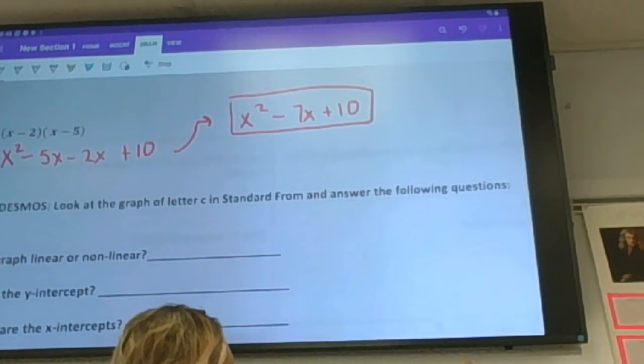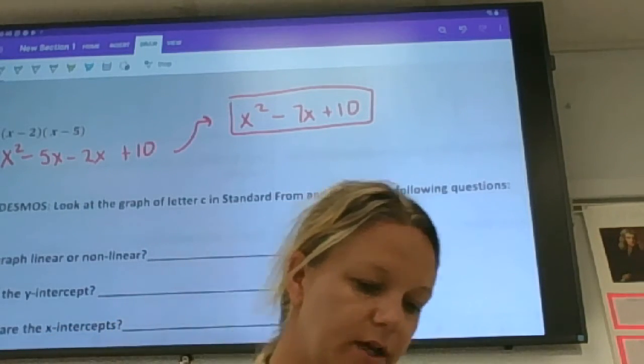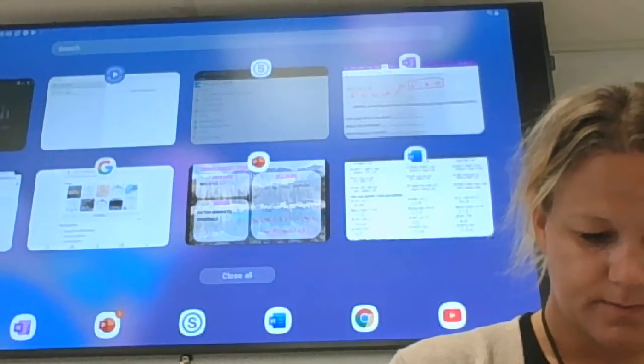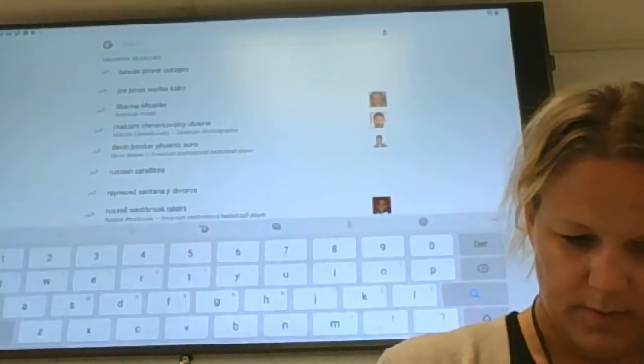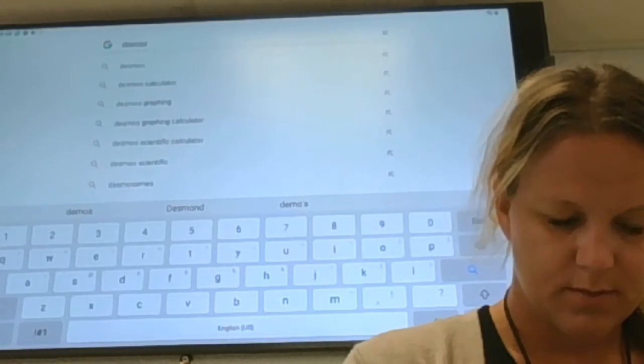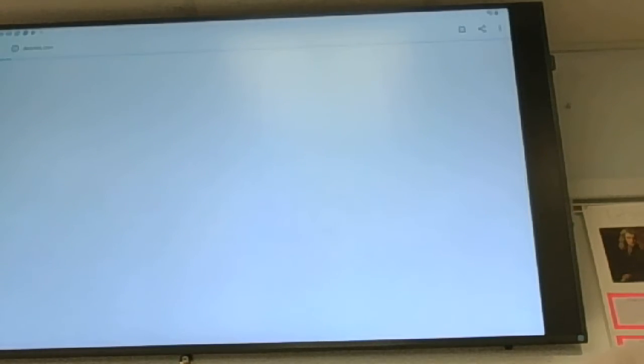So in graphing this, that means it would be equal to y because we graph on the x and y axis. Go to the graphing calculator in Desmos.